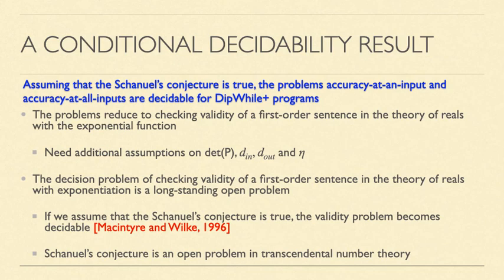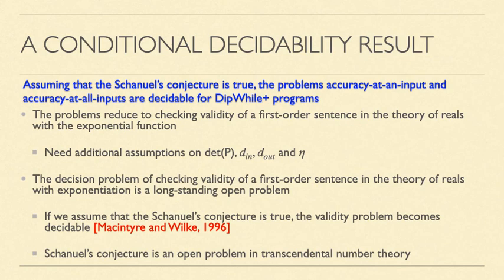Schanuel's conjecture is an open problem in transcendental number theory. Essentially, what we showed was that the two verification problems reduce to the problem of checking validity of first order sentences in the theory of reals with the exponential function.